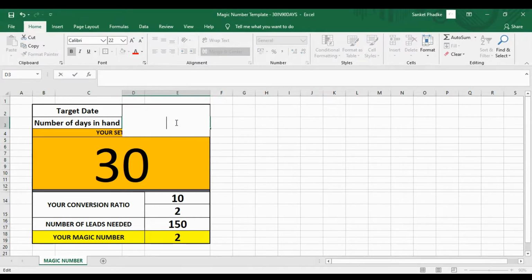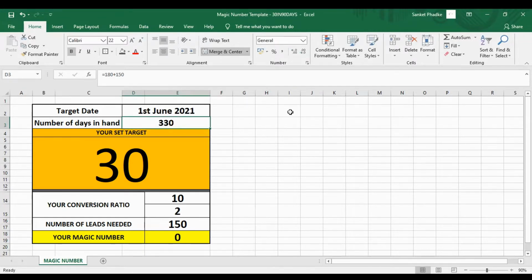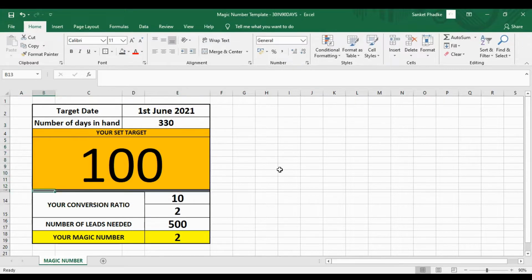Okay, so a total of 180 days plus 5 months, that is from August till December. Okay, so a total of 150 days. So if we are considering that you have taken up a target of say 100 admissions in the next 330 days. Okay, and let's consider that your conversion ratio is 10:2.